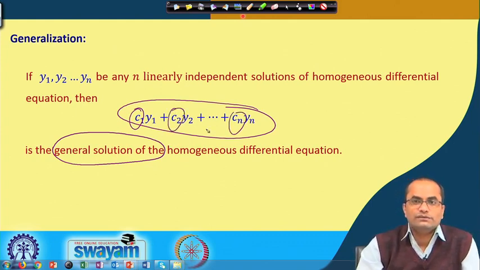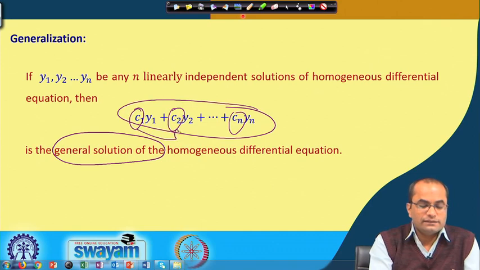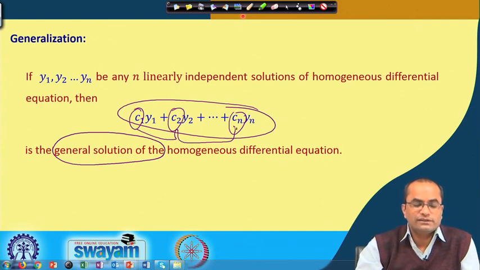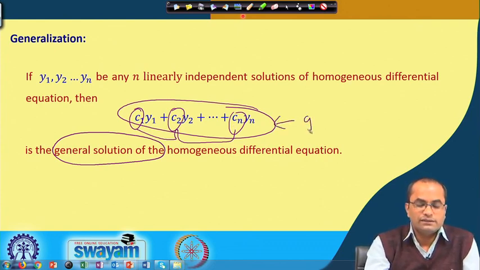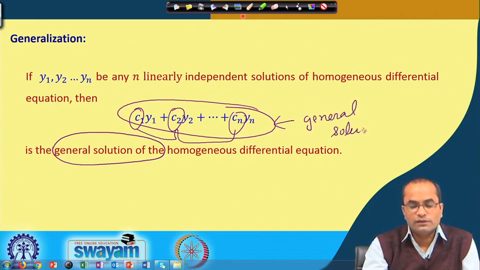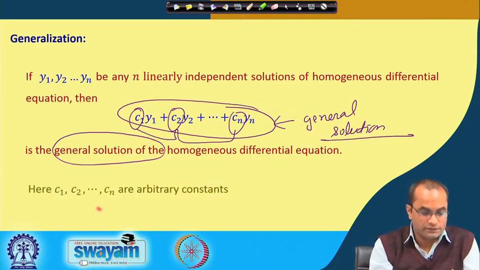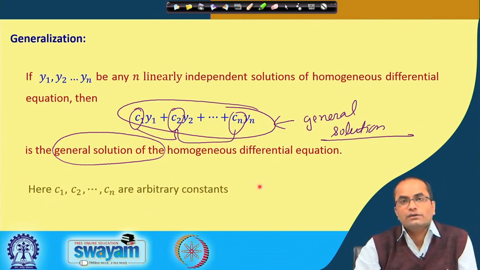So, that was our definition also for the general solution which was introduced earlier, and in this case, when we have these n arbitrary constants in the solution and it satisfies the equation, meaning this is the solution, we can call this the general solution, and these are the arbitrary constants c1, c2, c3 and so on.